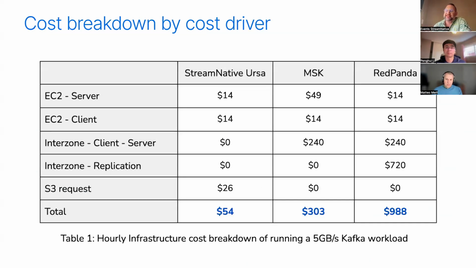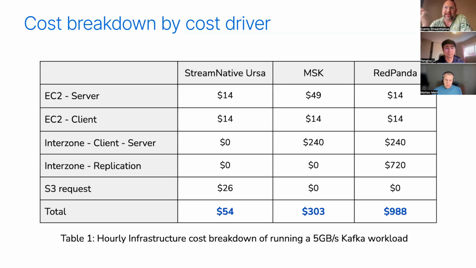So if I break down the cost structure here, you can see that the StreamNative cluster was around $54. And then there's corresponding costs for MSK and Redpanda. And if you look at the EC2 server and EC2 client instances, the cost of running those for this test, they're very similar across all three, where MSK is a little bit more for the server because they're charging for additional things as well.